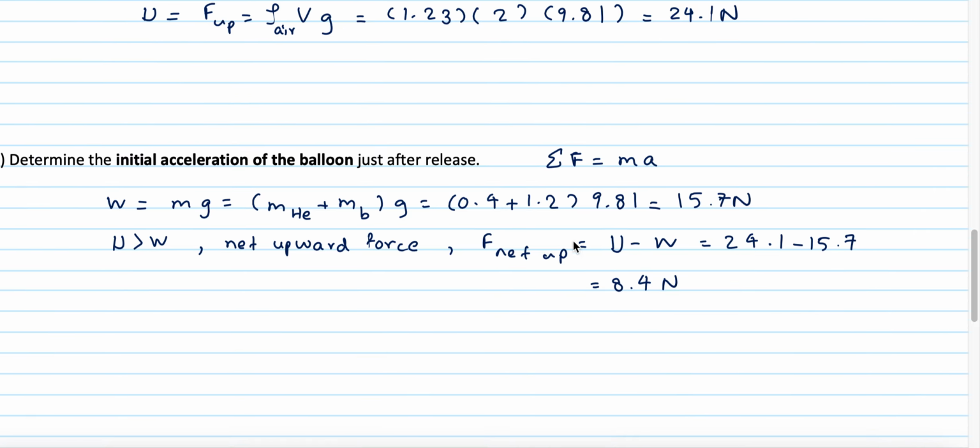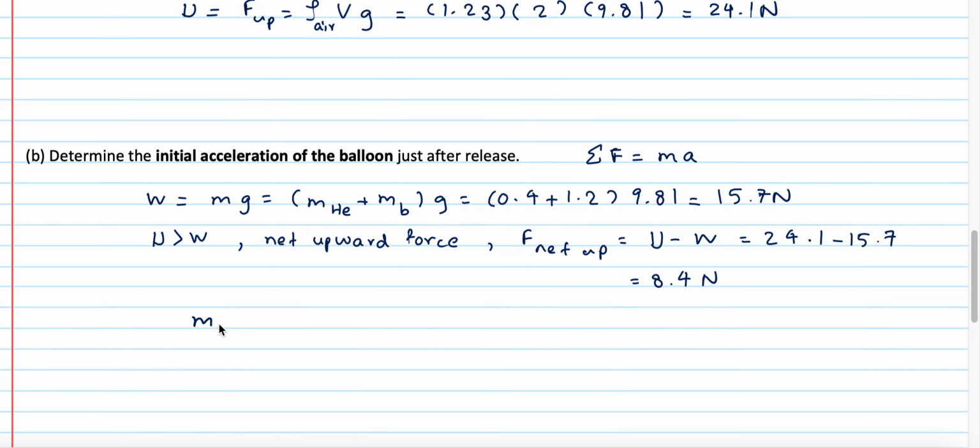Okay, now we have the net force. Oh, we need to find the mass. So the mass is the mass of helium plus the mass of the equipment, which is 0.4 plus 1.2, which is just 1.6 kilogram. Okay, now we can use Newton's second law to calculate the initial acceleration of this balloon.